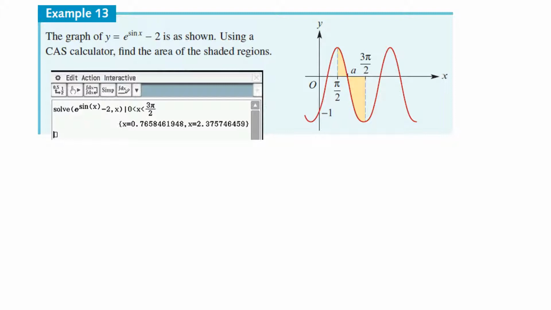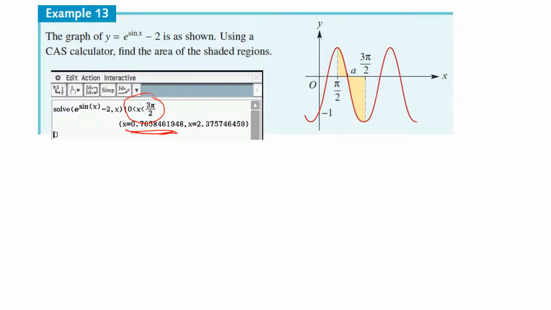Have a look at what I've got. I've actually not appropriately set my interval on which to look for a solution. Let me just grab that pen. You can see there, I should have really had a lower bound of pi on 2 to 3 pi on 2. So it's led to a solution that's not relevant.